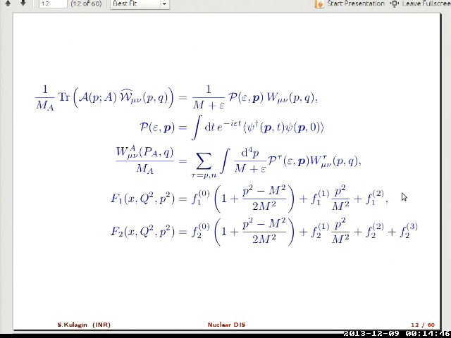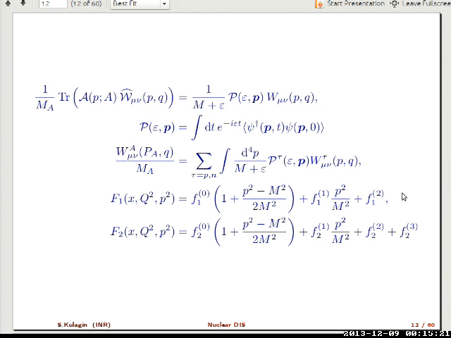Then, just doing this exercise, we arrive from the fully relativistic amplitude at a kind of factorized expression. We again get the hadronic tensor, which has only two independent structure functions, which are linear combinations of these form factors I have shown on the previous slide.